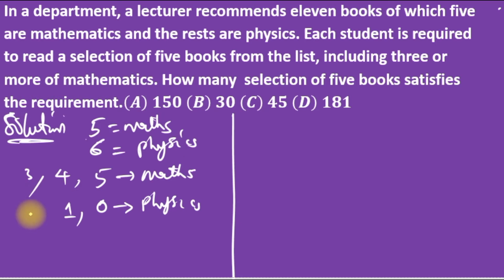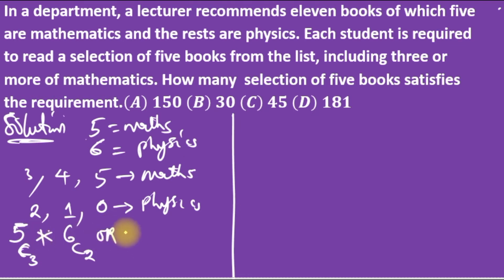And if you read 3, we select only 2, making a total of 5 books. So we have to select maths and physics. We have a total of maths 5, a total of physics 6, and assuming we select 3 maths, we select 2 physics. That's the first condition.